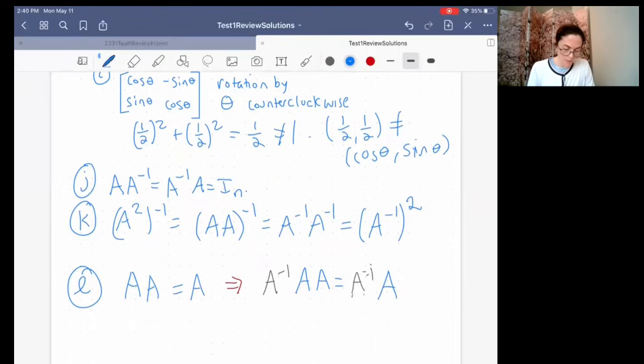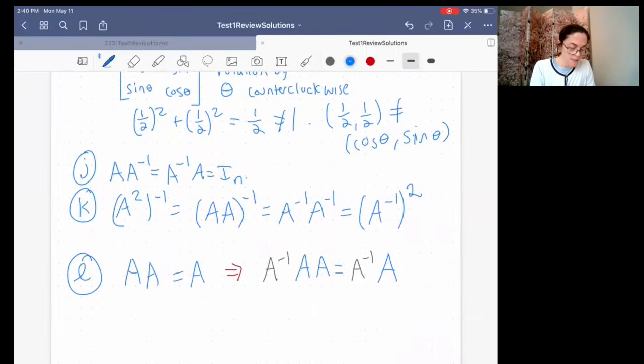And now we can do a little bit of simplification. You see, matrix multiplication is associative, which means I can multiply these 2 first. Because first I was taking A inverse times A squared, but I can multiply these 2 first, and that's fine. And those 2 multiplied, A inverse A is the identity. And similarly, this is the identity.